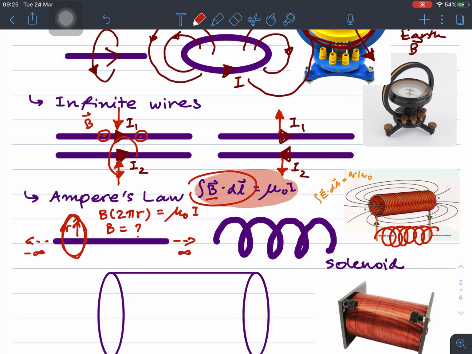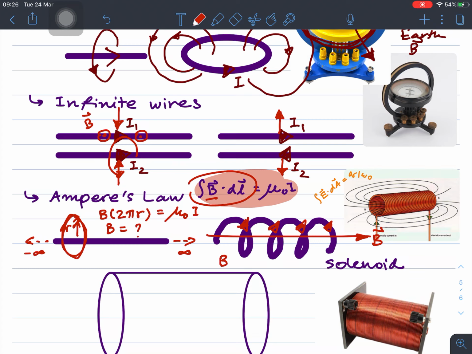In this way, there will be current flowing in this direction, and it can generate the magnetic field along the direction of the solenoid. And from Ampere's law, you can also calculate the magnetic field from this very easily.